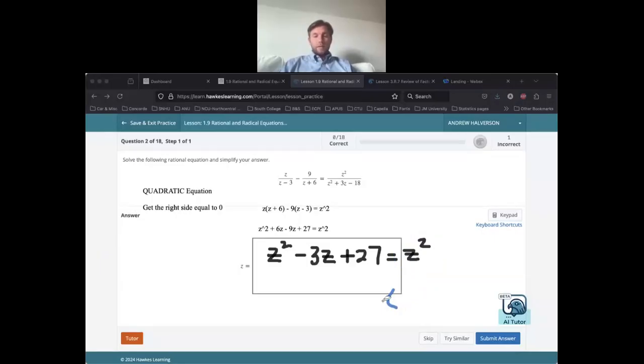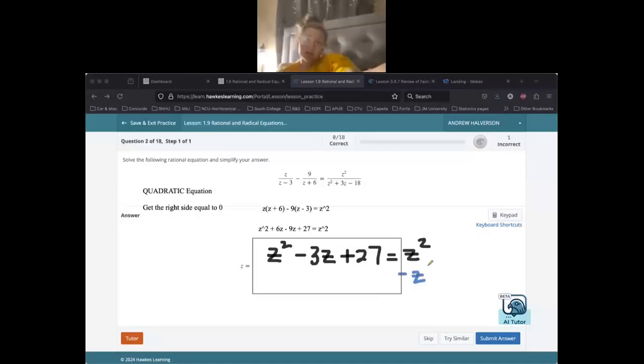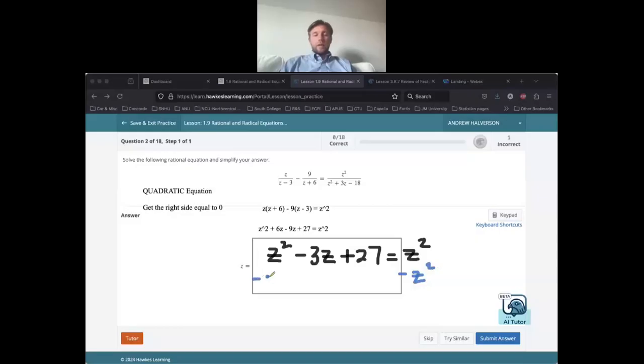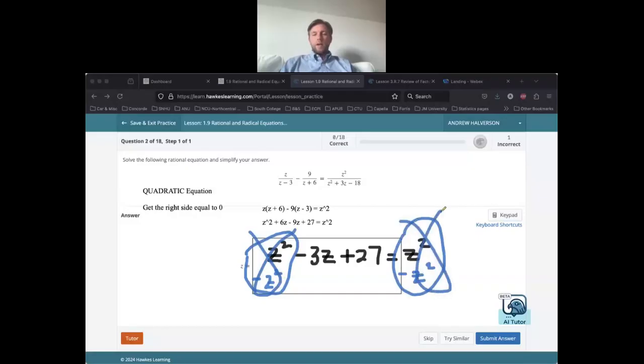How do we do that? You're going to subtract it. We're going to subtract what? Z squared. Z squared from z squared equals 0. Thank goodness, it kind of all worked out, didn't it? Because this is going to go away, and this is going to go away.